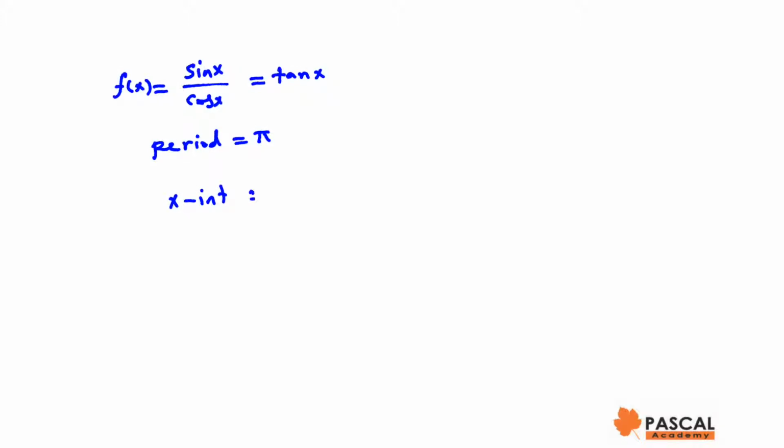The numerator equal to 0, x is k pi. And the vertical asymptotes are when cosine of x is 0. That means k pi plus pi over 2.